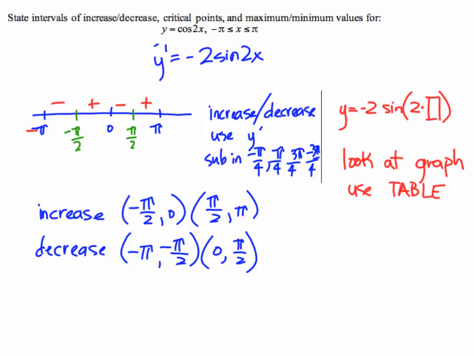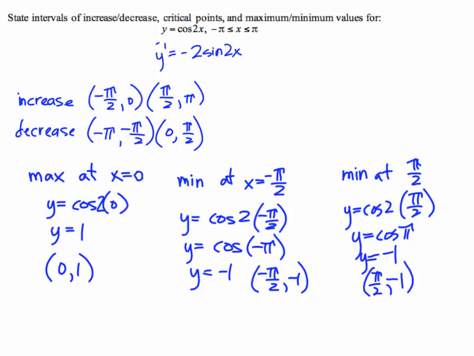So I'm going to substitute negative pi over 2 into the original equation, and I'm going to substitute 0 and pi over 2 into the original equation to find out where my maximum and minimum points are.